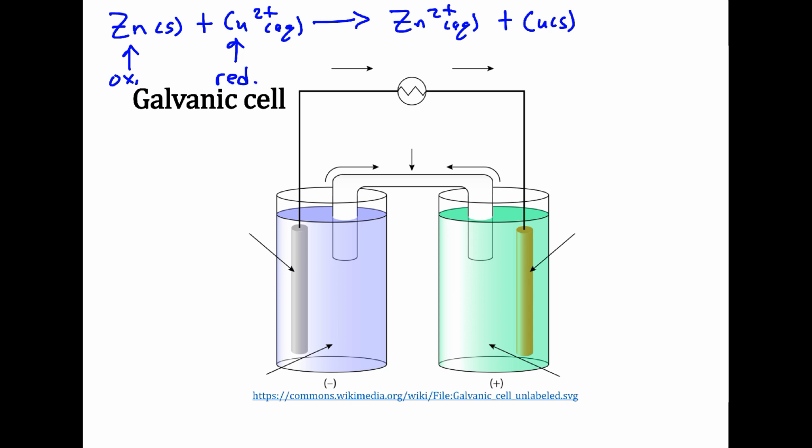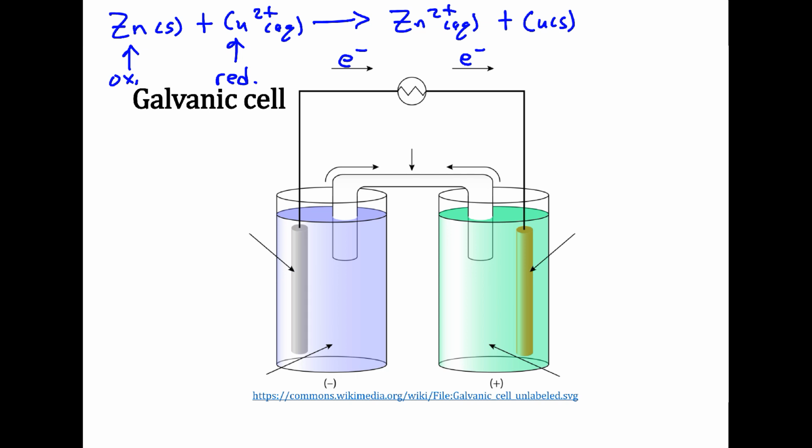All right, so anytime that we are going to try to draw a cell, we always want to show which way the electrons are flowing, and that will determine where everything else goes. So these arrows up at the top here show the electrons are flowing from left to right. As we look at our overall reaction, which one of these species is losing electrons? Well, it's the zinc, because we said the zinc was being oxidized.